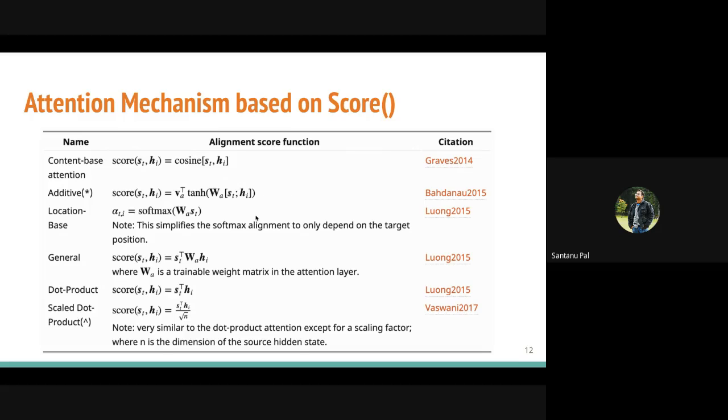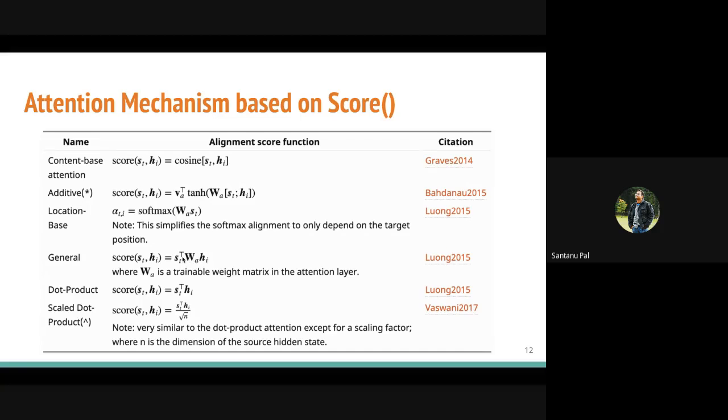Later on, this scoring function was further simplified. For example, Luong in 2015 proposed a scoring function like this, and this one is the softmax. Bahdanau also used the softmax, but this is the main function.